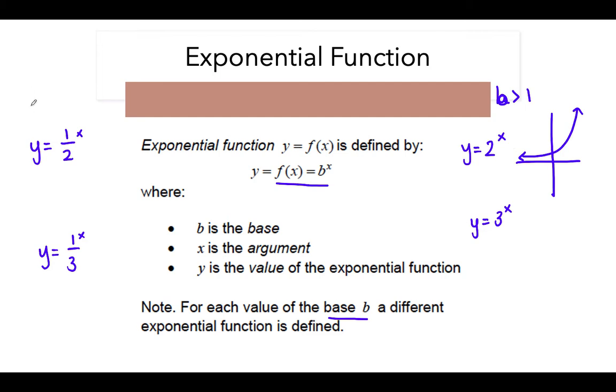But on the other hand, if the base is in between 0 and 1, that means it's going to be exponential decay. So in other words, it's going to look like this. Same thing, the smaller the base, the faster the deceleration is going to be.